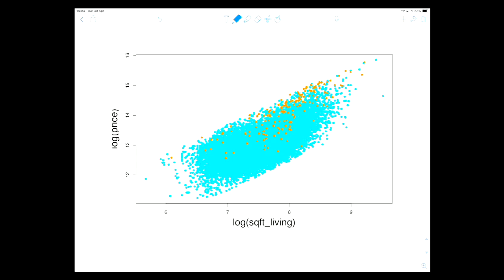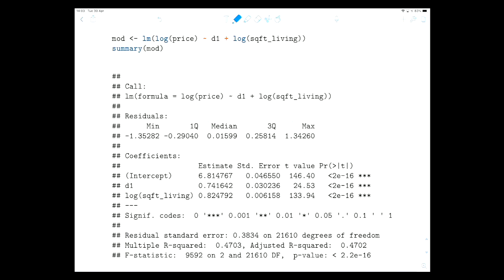Now let's add the two models, the linear model, to that. So we'll first fit it. Our model now represents log price with D1 and log square foot living. Take the summary and you get the estimates. Remember these are estimates for beta 0 hat, beta 1 hat, and beta 2 hat.